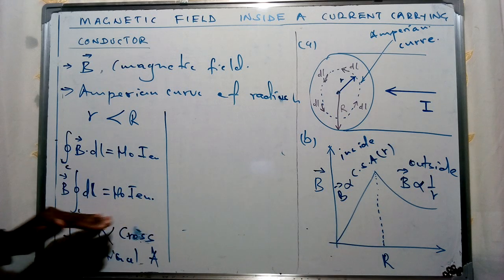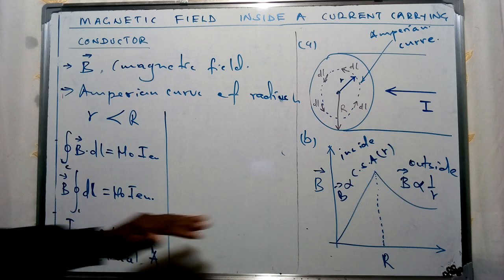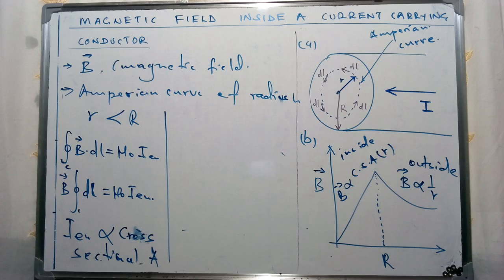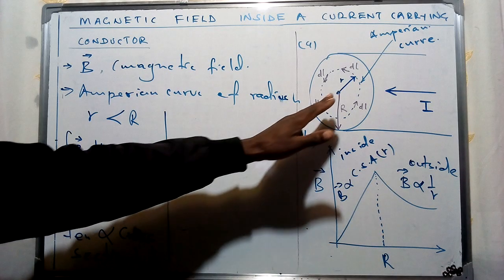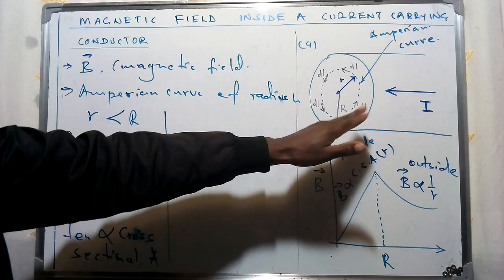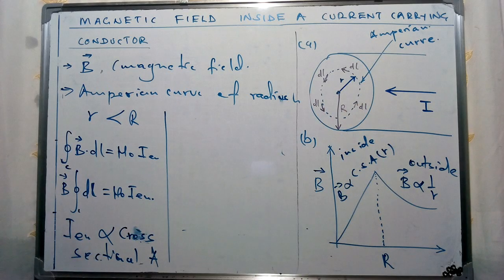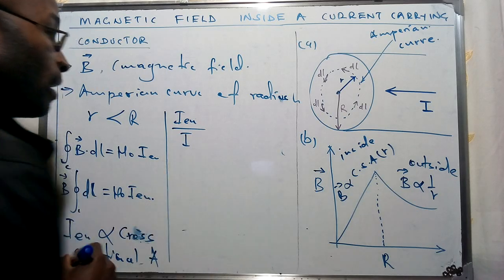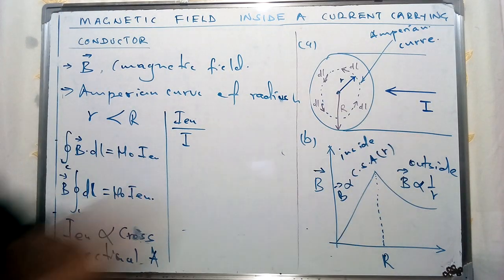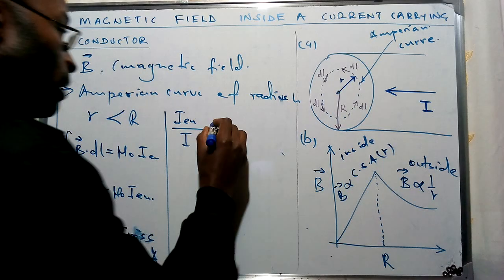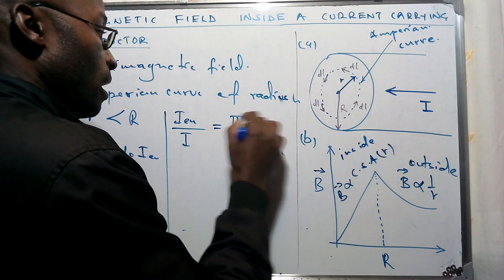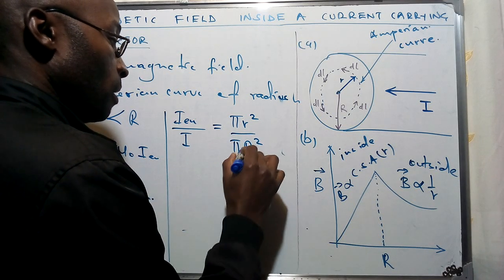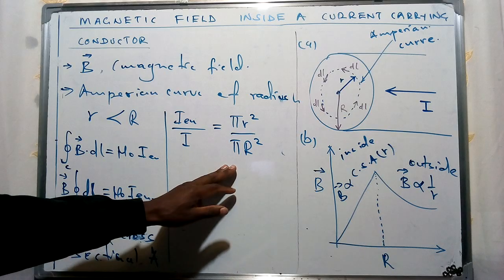Now that we have defined the relationship between the magnetic field and the current, we can have a relationship between this current, which is enclosed, and the areas of the two circles, which are defined by radii small r and capital R, whereby the current enclosed over the current, which is given as I, is equivalent to the ratio between the area of the small radius and the area of the big radius, if I may refer to them as that.